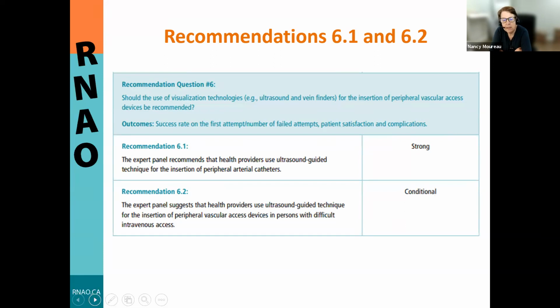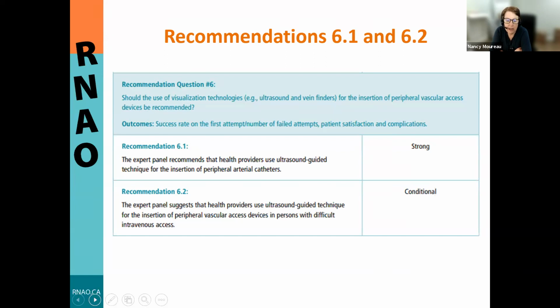Evidence suggests that the use of ultrasound guided techniques for the insertion of peripheral catheters in persons with difficult intravenous access may increase the first attempt insertion success and decrease complications, and that it will likely increase patient satisfaction. However, the certainty of the evidence according to the GRADE criteria was very low. And so you can see that the recommendation was conditional.